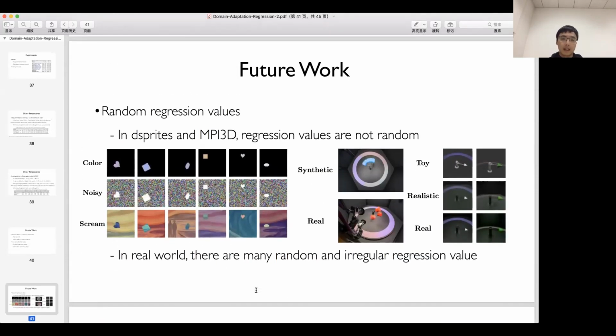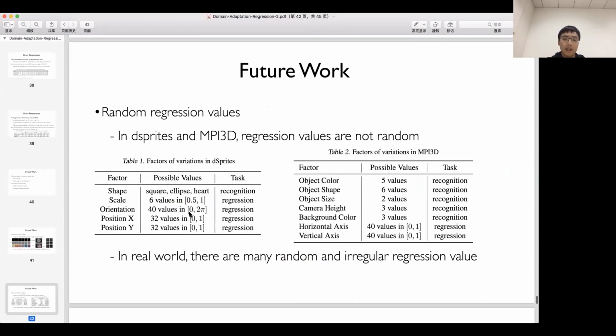We just talked about this. It means that in some of our data sets, regression values are not very random. They are uniformly distributed from 0 to 1. For example, the position x has a uniform distribution from 0 to 1. It is not truly random. But in some real applications, the regression values may be very random and irregular.